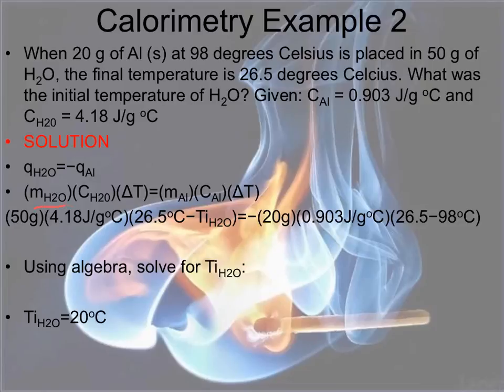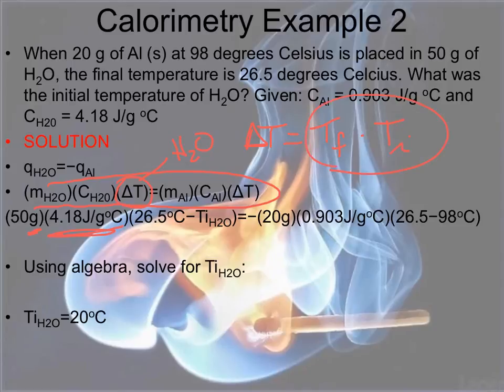This is kind of what I just went over on the last page. Plugging everything in. The mass of water is 50 grams. Specific heat capacity is 4.18. Now, delta T of water is what you're trying to solve for. As I said, anytime you're trying to solve for something with delta T, remember that it is final temperature minus initial temperature.